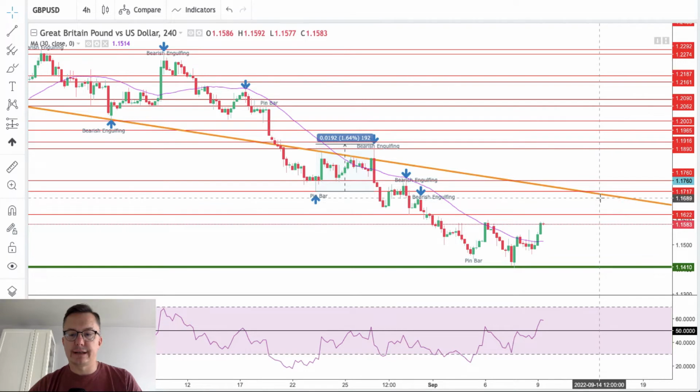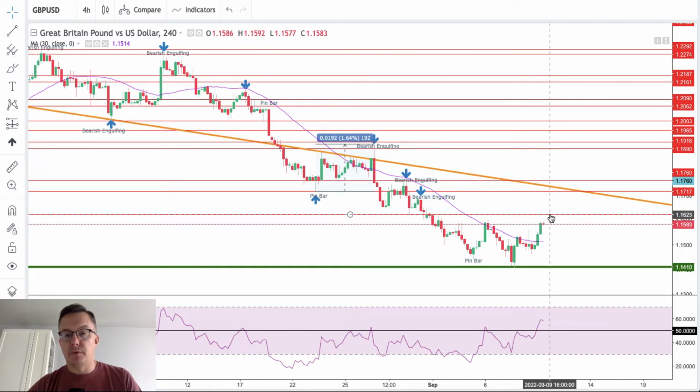We should see this target very soon, and of course the key thing is the reaction of the market participants for this level. So we should see some sort of increased activity, both bulls and bears, around 1.1622. So please consider this level as the key technical resistance in the short term.